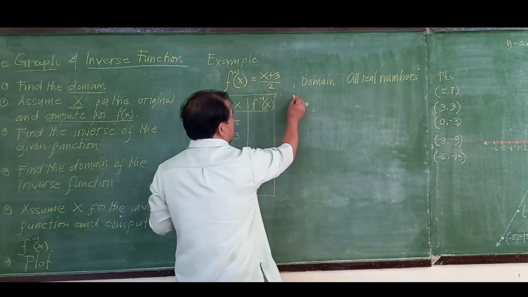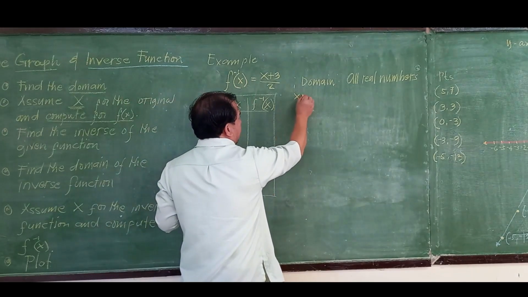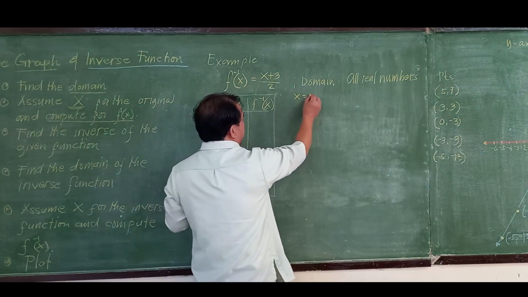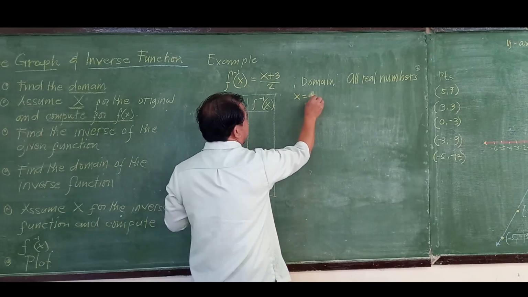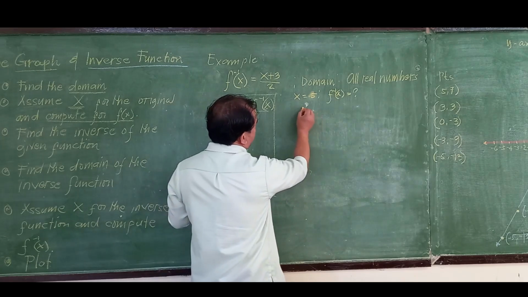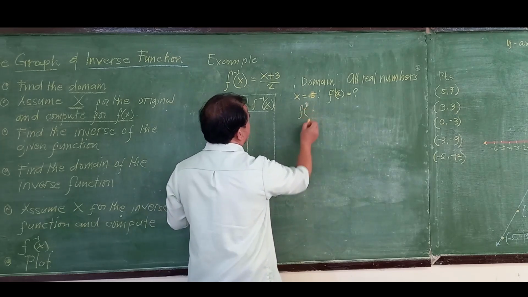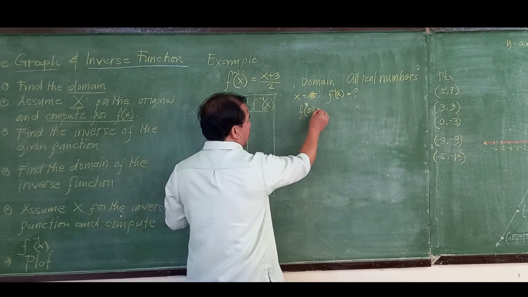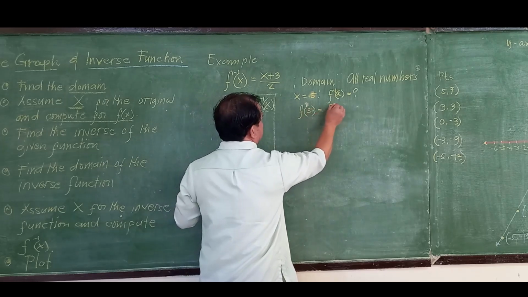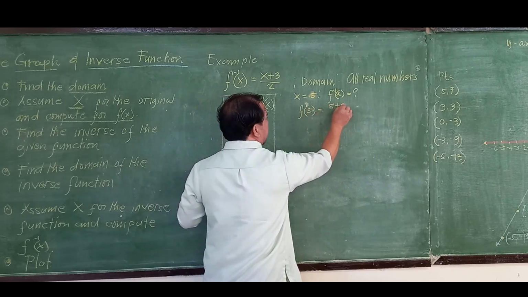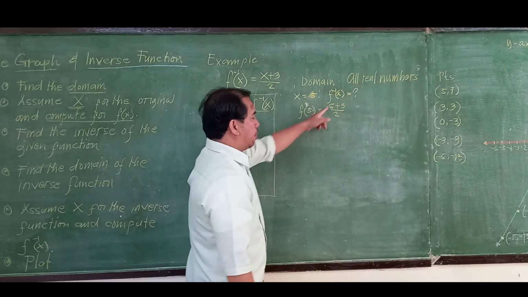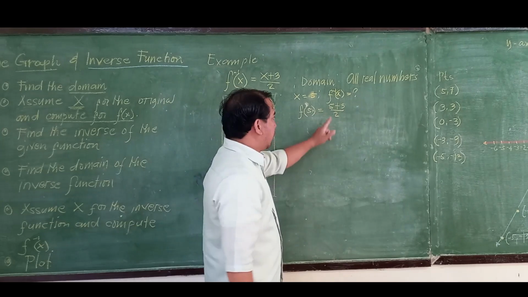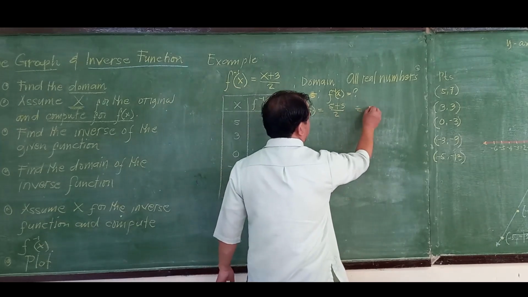So what would be the value of our inverse if our x is 5? That is the same as f of 5 is equal to 5 plus 3 divided by 2, which is 4.